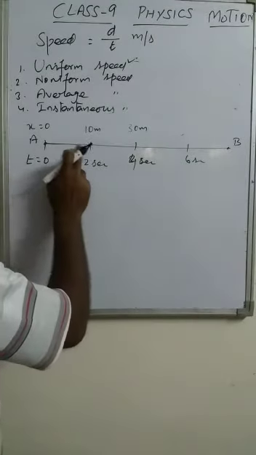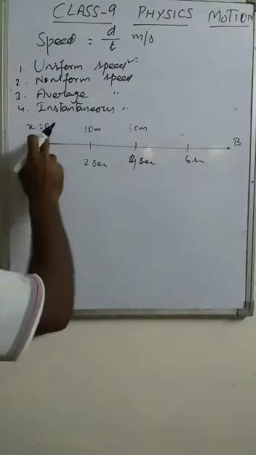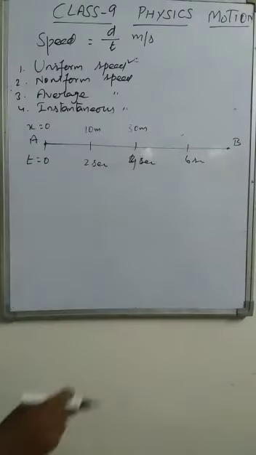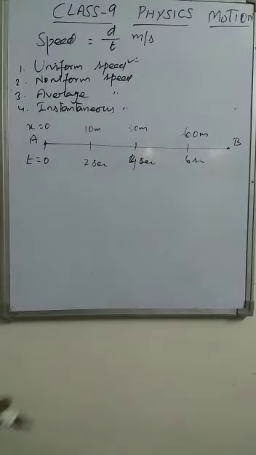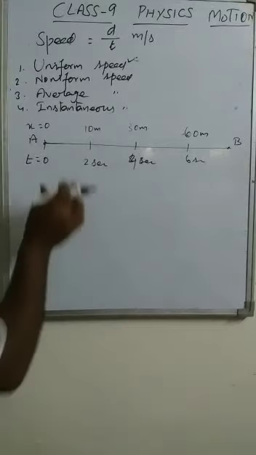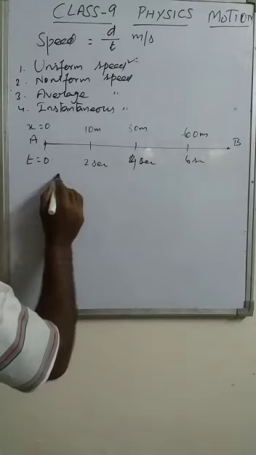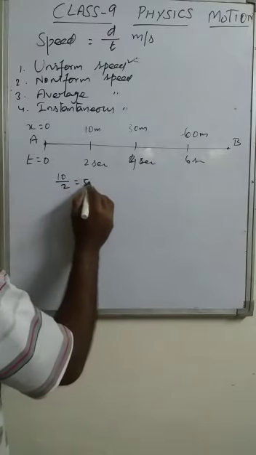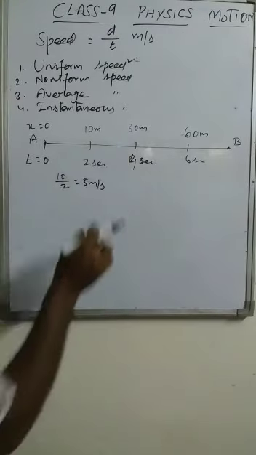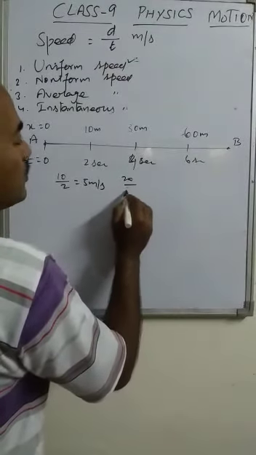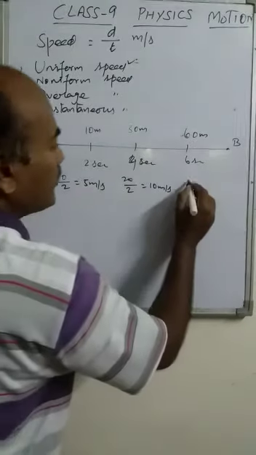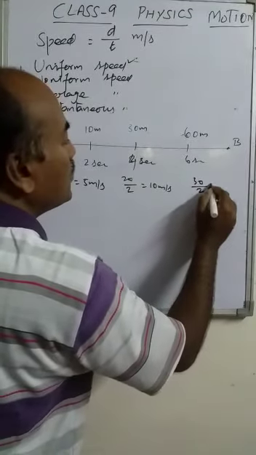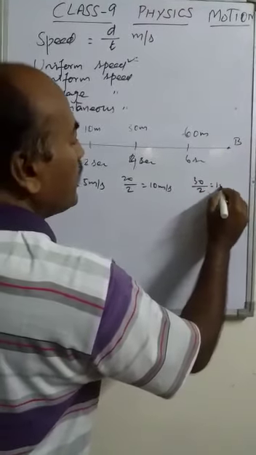Now you see the change in position: it is 10 meter, then 20 meter, then 30 meter. The speed is 10 upon 2, 5 meter per second. Then 20 upon 2, that is 10 meter per second. Then 30 upon 2, 15 meter per second.